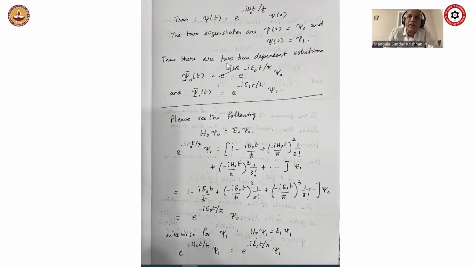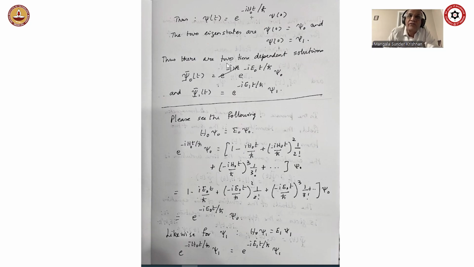Because H naught acting on psi 0 will give you E0, and H naught acting on psi 1 will give you E1. Therefore, you see these are two different solutions. So what are those two solutions? Psi 0 of t is e to the minus i E0 t by h bar times psi 0.